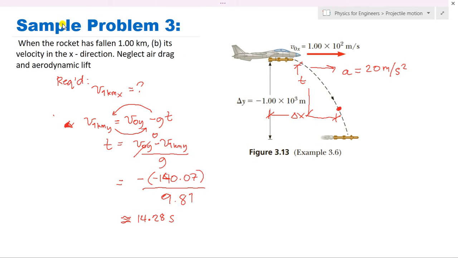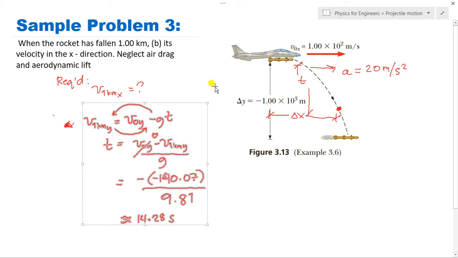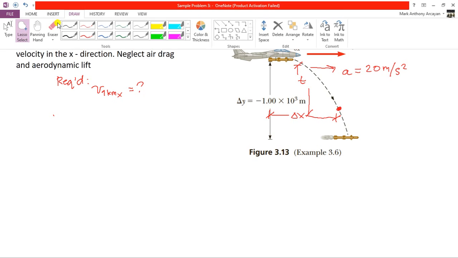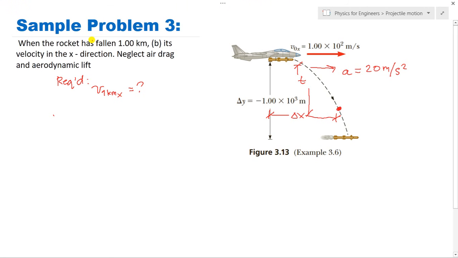Then we can now use this time in order to solve for the velocity along the x-axis. So we can just use the first kinematic equation for rectilinear na, class, ha. Take note, rectilinear na. So remember, we have velocity at 1 kilometer along x is just equal to the initial velocity along x plus acceleration, kasi may acceleration tayo, times the time to take there.